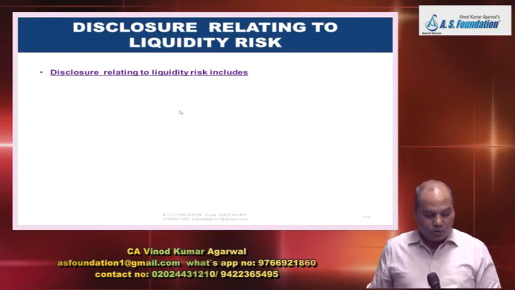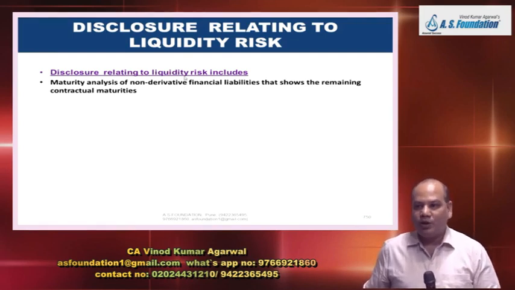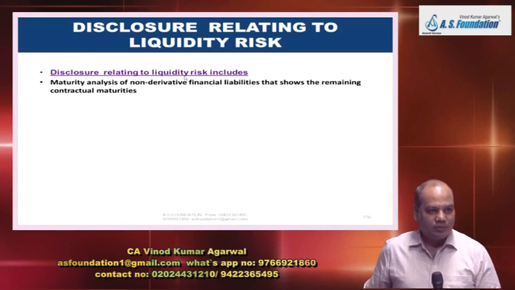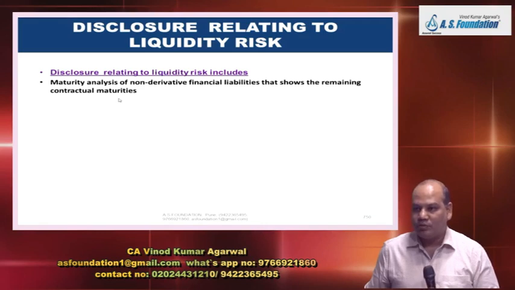Now what about disclosure relating to liquidity risk? Liquidity risk means not being able to pay the dues on time, either by you or by the other party. So in this case they are saying give a maturity analysis of non-derivative financial liabilities that shows the remaining contractual maturity.